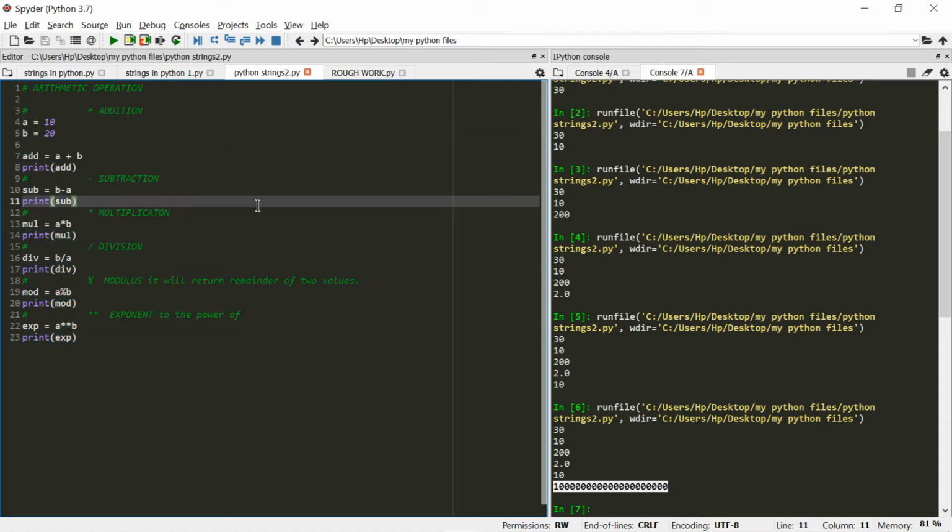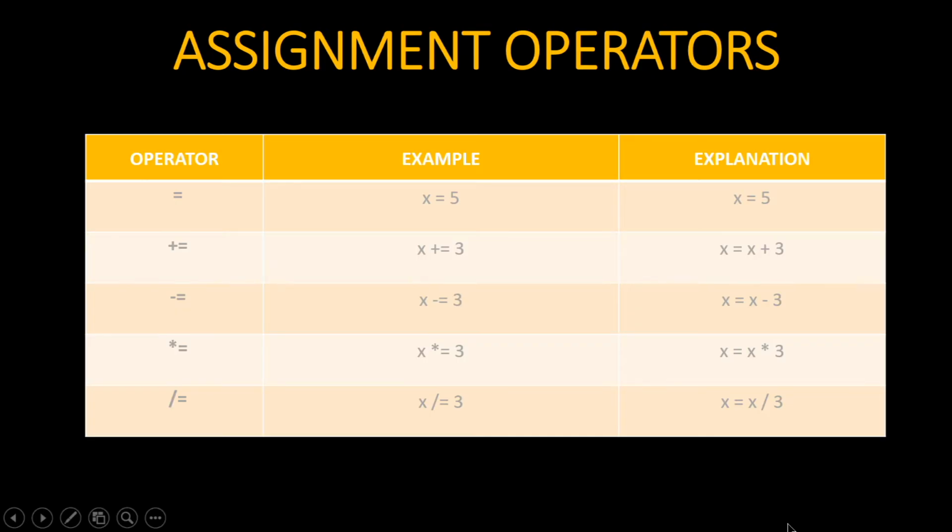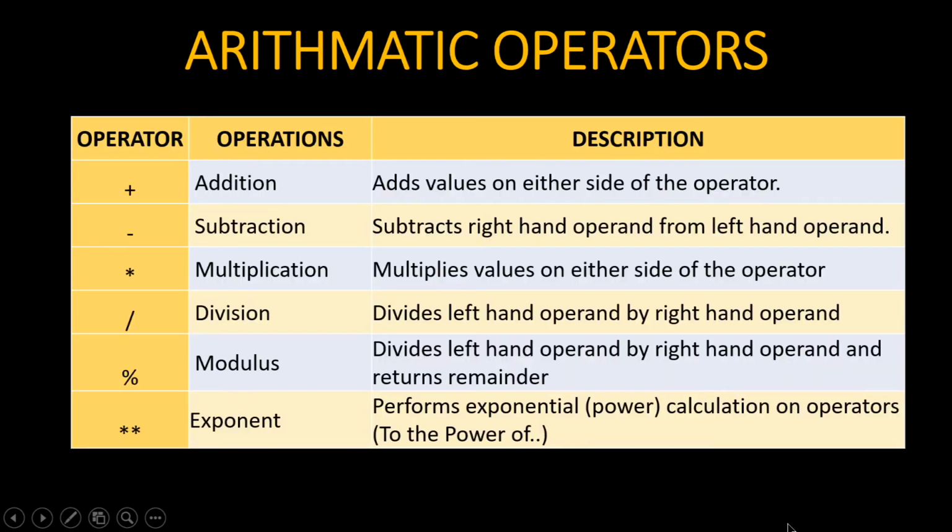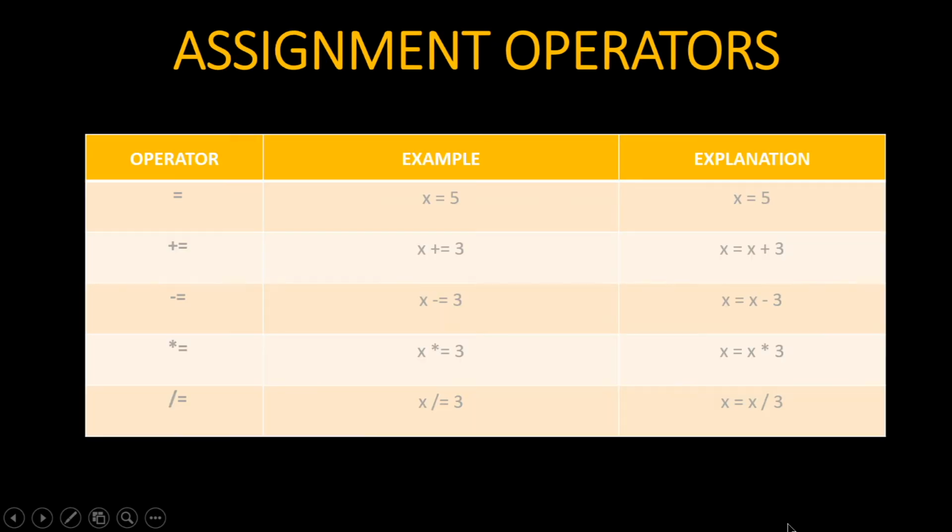Let's do further and talk about assignment operations. Assignment operators are nothing but a combination of arithmetic operation and equal to operation, and it is used to assign values to variables, as its name suggests, assignment.